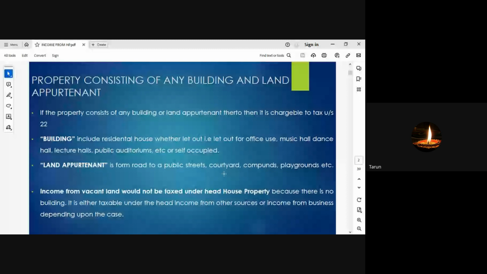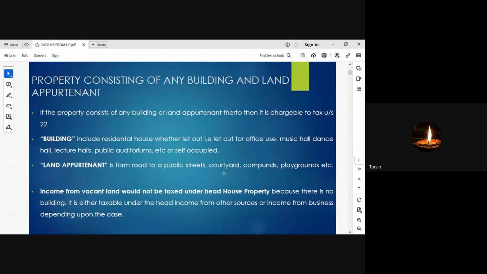The next point is that income from vacant land would not be taxed under the head house property. Any income from vacant land, land which is not being used yet, would not be taxed under income from house property, because there is no building; it is blank land and has not been used.